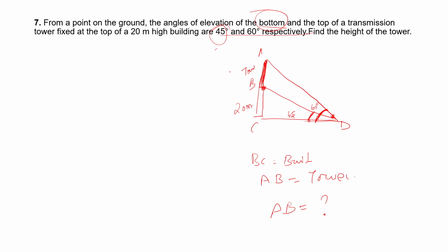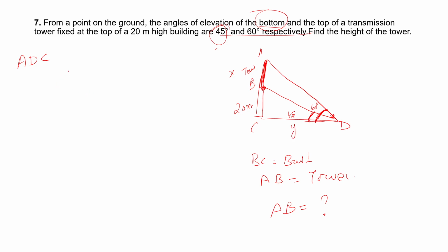This tower AB we don't know, so I'll consider its height as x initially. Now I'll consider the triangle ADC, with 60 degrees at D. We need opposite by adjacent. We have only one value, and the adjacent side is not available, so I'll consider it as y, or keep it as CD itself.